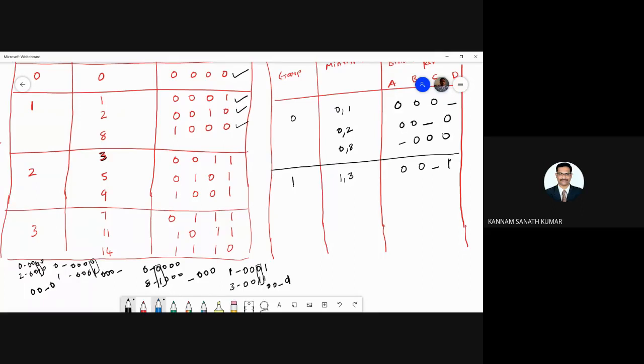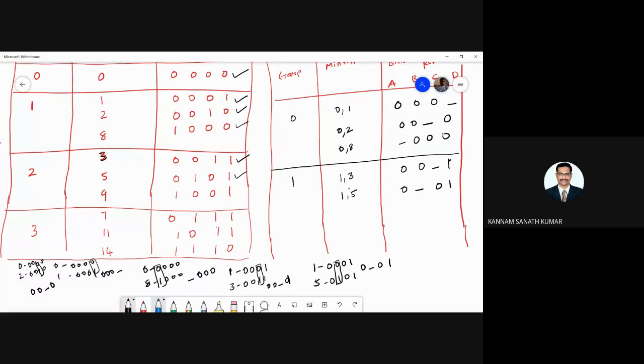Next compare 1 and 5. 1 is 0 0 0 1 and 5 is 0 1 0 1. They differ by 1 bit, so write 0 dash 0 1. 1 is already ticked, so no need to make the tick mark again.